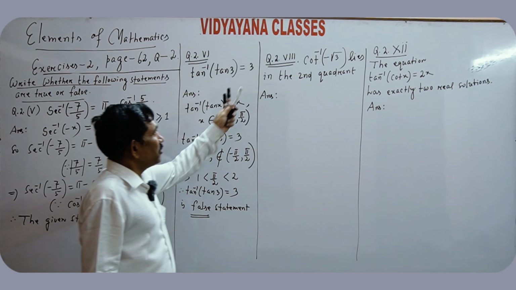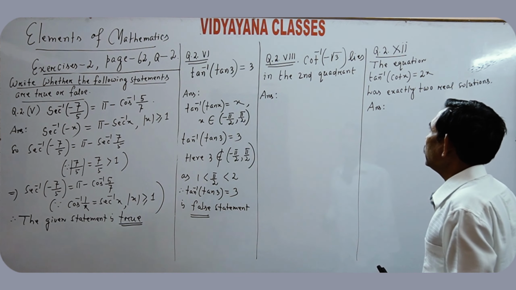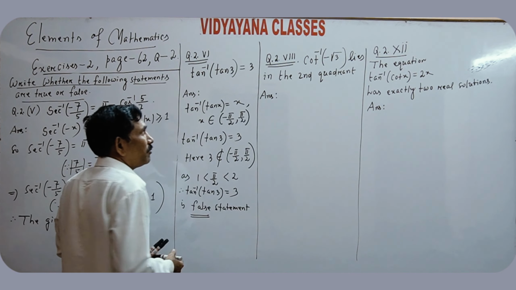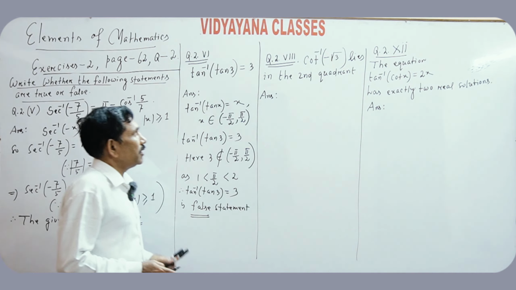Next, question number 2, 8th bit. Cot inverse minus root 3 lies in the second quadrant.